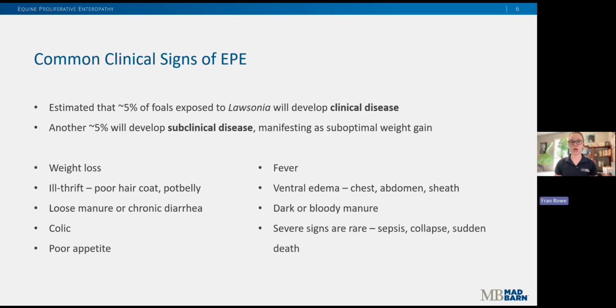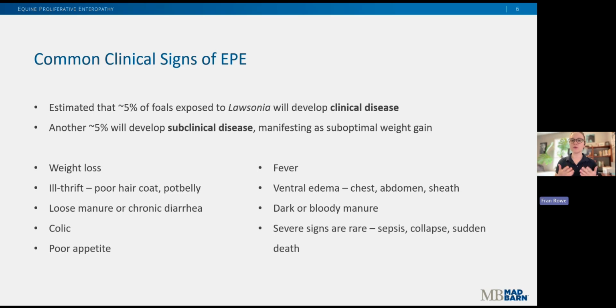Now, the most common clinical signs of equine proliferative enteropathy certainly range in severity, but they can commonly include weight loss, signs of ill thrift or kind of failure to thrive, like poor hair coat or pot belly, loose manure or kind of a chronic diarrhea, signs of colic, poor appetite, fever, especially when they first contract disease, ventral edema, or kind of swelling along their chest, abdomen, and into the sheath or udder area, potentially dark or bloody manure.